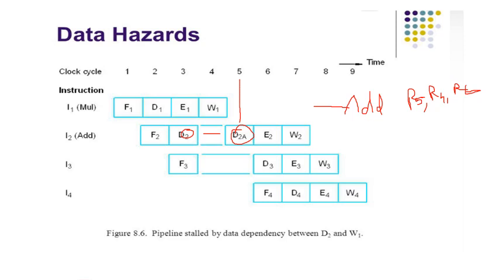The instruction I3 is fetched in cycle 3, but its decoding must be delayed because step D3 cannot proceed. Hence, pipeline execution is stalled for 2 cycles.